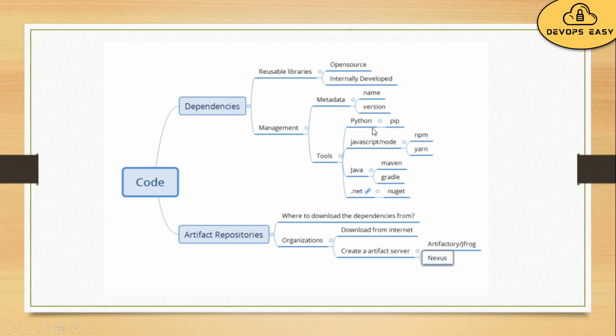In order to run the application, Python needs some dependencies, so using pip you are going to call those dependencies. For Java, the Maven tool will build that code and generate an artifact. Like that, for Node.js, it's npm. You will understand these concepts slowly.